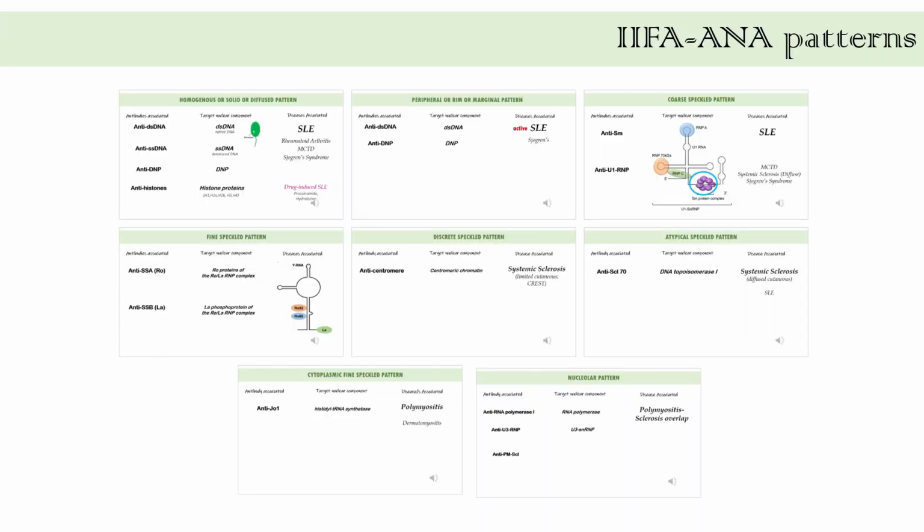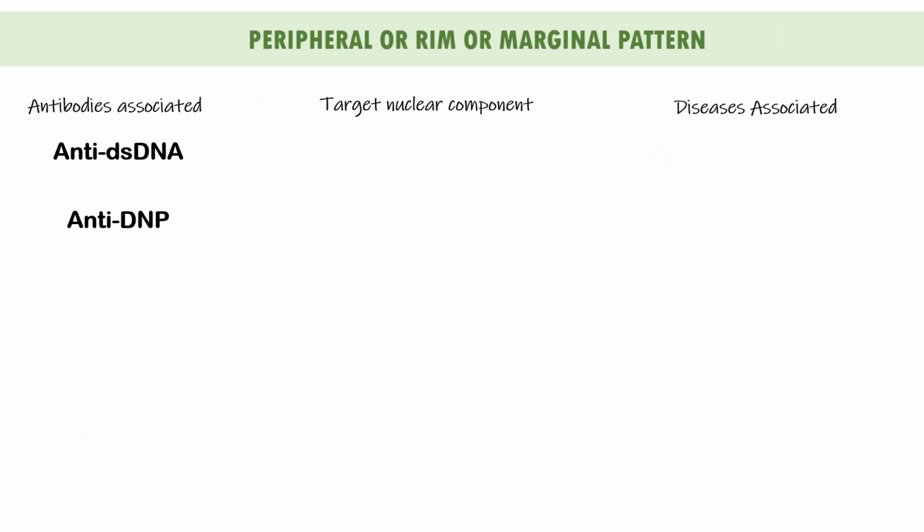Next, we have the peripheral pattern, also known as the rim or the marginal pattern. So the antibodies associated to this pattern are only the anti-dsDNA and anti-DNP. So we have already discussed their specific target nuclear components. As for the diseases associated, these peripheral ANAs are seen particularly in SLE, and also they are seen in cases of Sjogren syndrome.